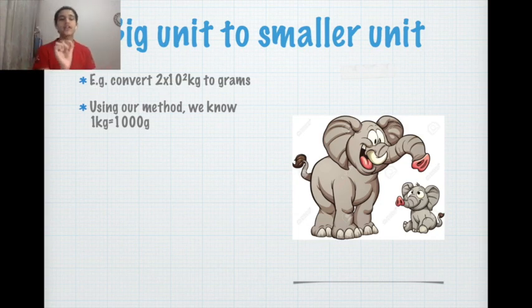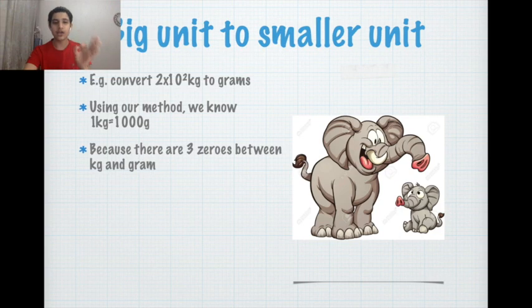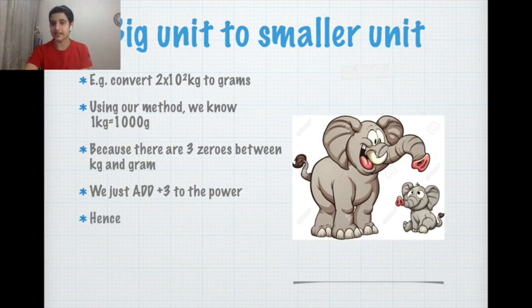We know that 1 kilogram is 1,000 grams. And because there are 3 zeros between kilogram and gram, we just add 3 to the power. This is how it looks, basically.